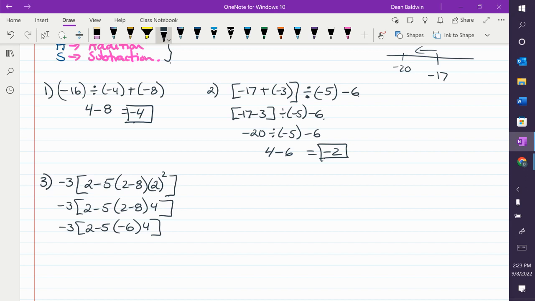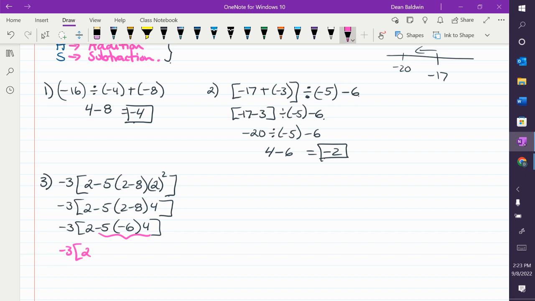And now we're still within those brackets. Now we can just multiply them. All of that's being multiplied, right? Does everybody see that? So we have negative 3. What is negative 5 times negative 6?